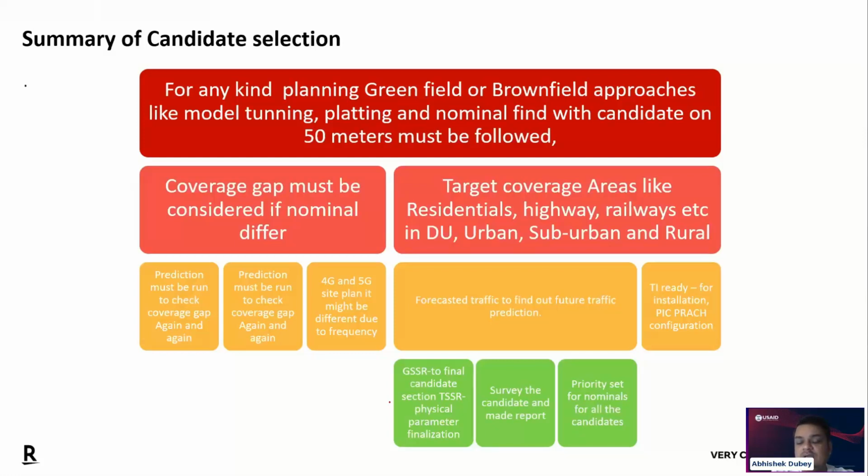That is due to the higher frequency and the losses due to the frequency, right? So for 4G there could be a smaller number, but for 5G you might require more sites.